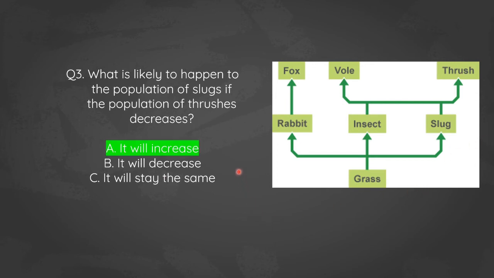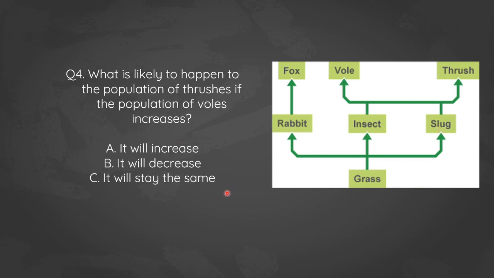So if the population of thrushes decreases, meaning there are less thrushes in the ecosystem, then the population of slugs would increase. This is because the slugs would have fewer predators. So there would be fewer thrushes feeding on the slugs, so there would be more slugs surviving.